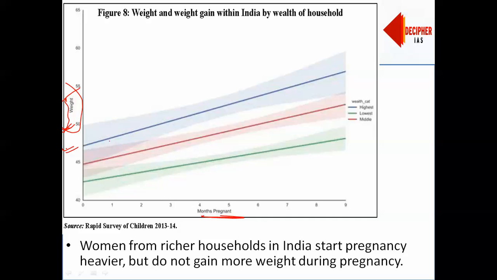A tercile is either of the 2 points that divide a distribution into 3 parts, each containing 1/3 of a population. So here we divide the pregnant mothers into 3 categories based on economic class.